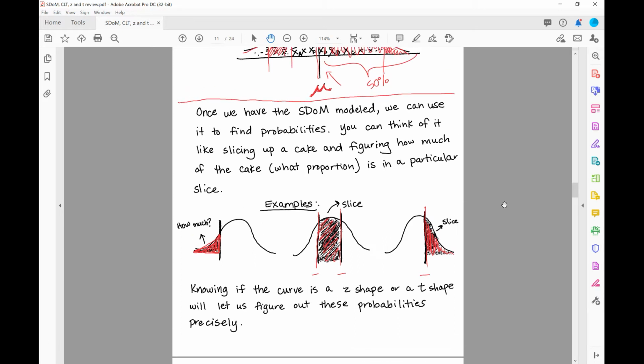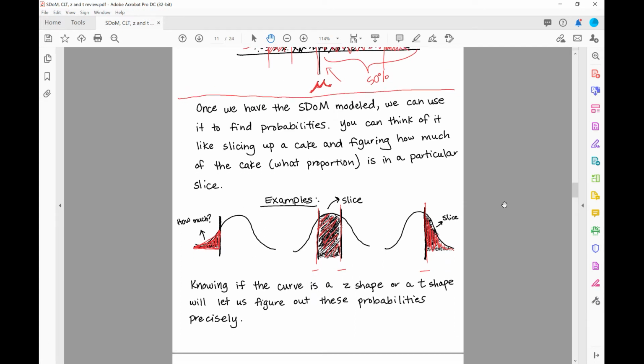Now this is where it matters whether we're using a Z curve or a T curve, because these probabilities associated with our slices are going to be a little bit different if we're using a Z than if we're using a T. So this is where it starts to matter if we're using sigma for our population standard deviation, or if you're using S, our estimate for the population standard deviation.